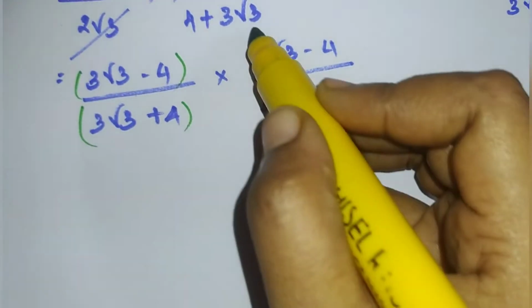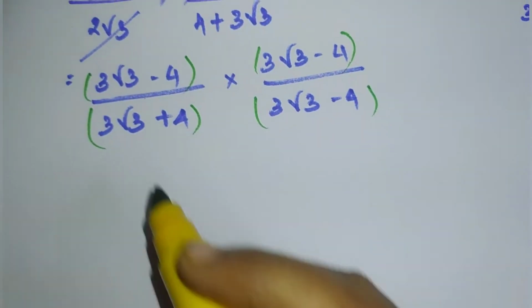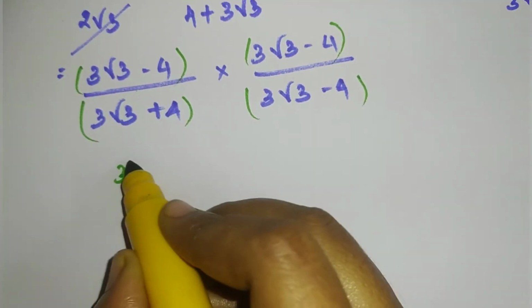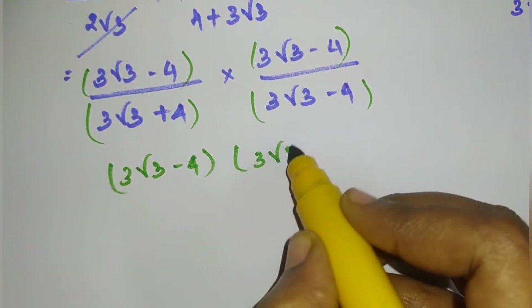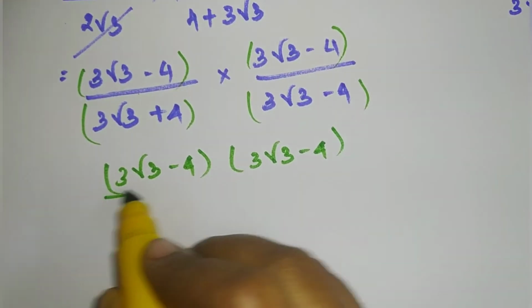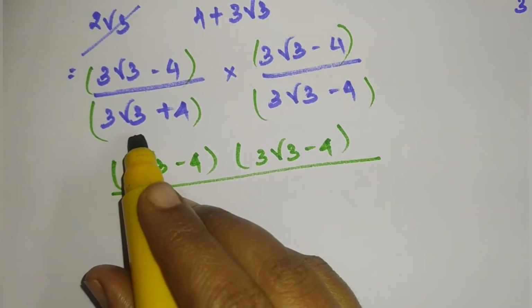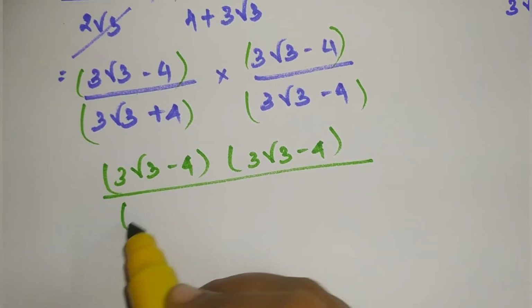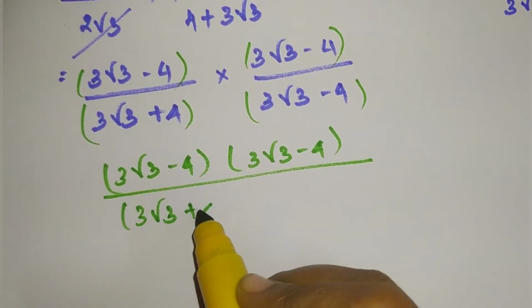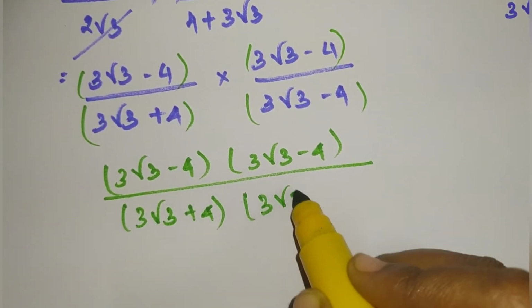Draw the bracket. Now multiply 3 root 3 minus 4, 3 root 3 minus 4, over 3 root 3 plus 4, 3 root 3 minus 4. One is positive, another one is negative.